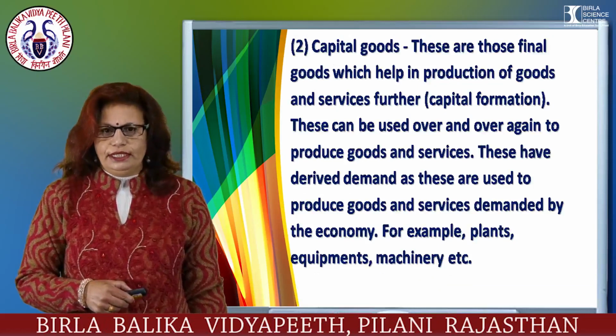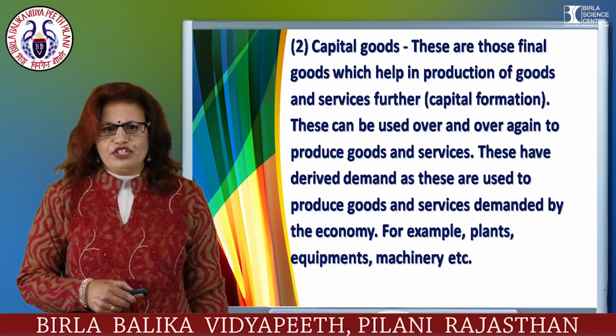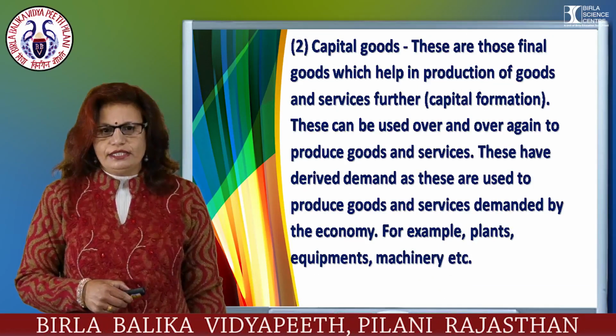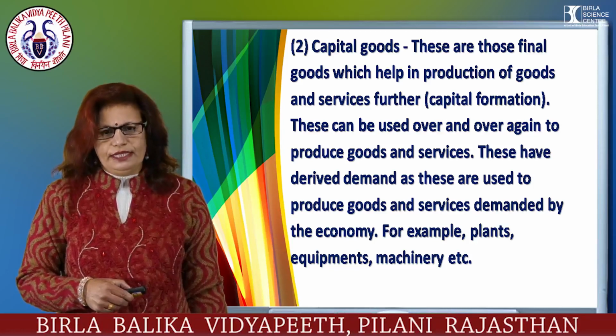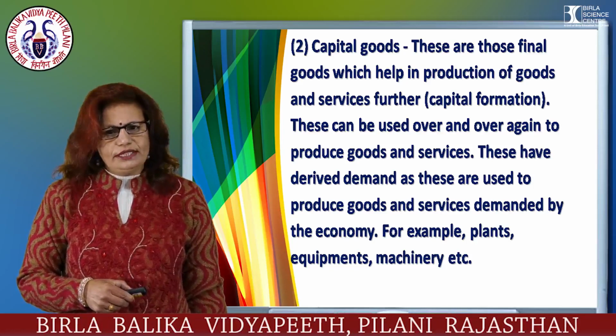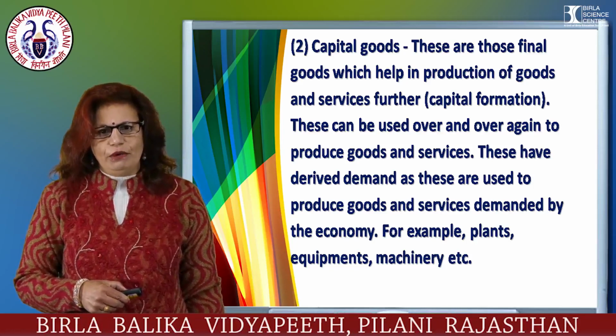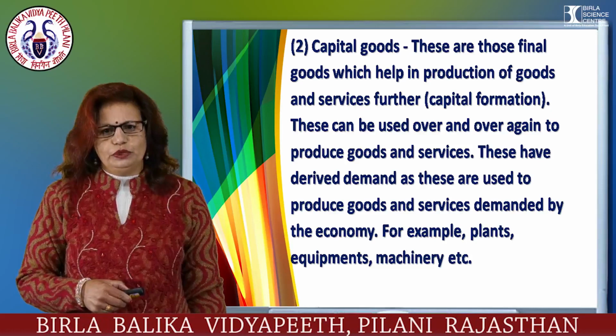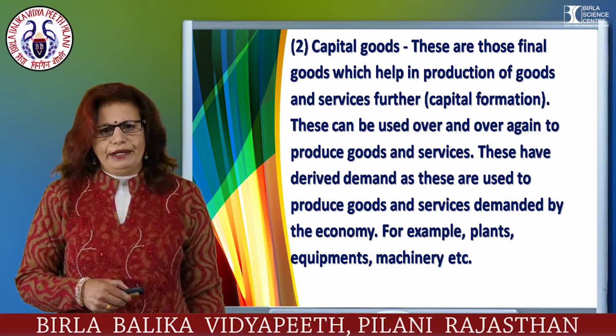Capital goods are those final goods which help in the production of goods and services further. These can be used over and over again to produce goods and services. These have derived demand as these are used to produce goods and services demanded by the economy.